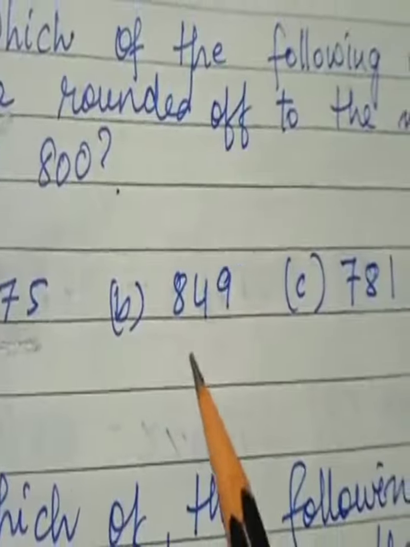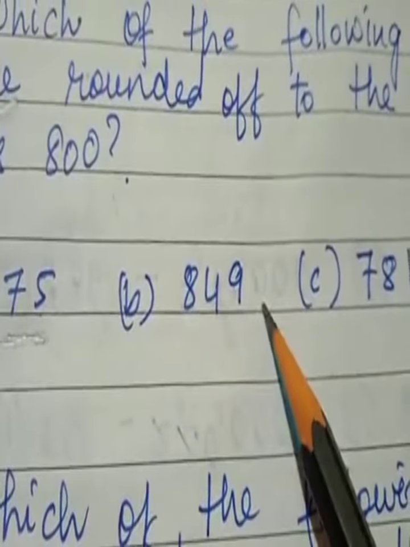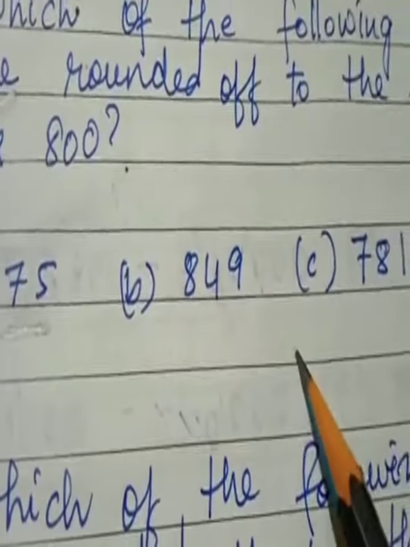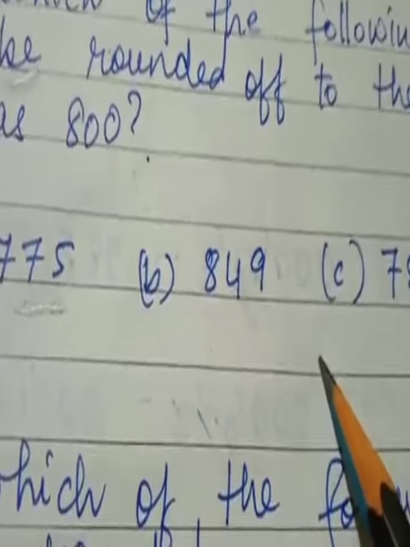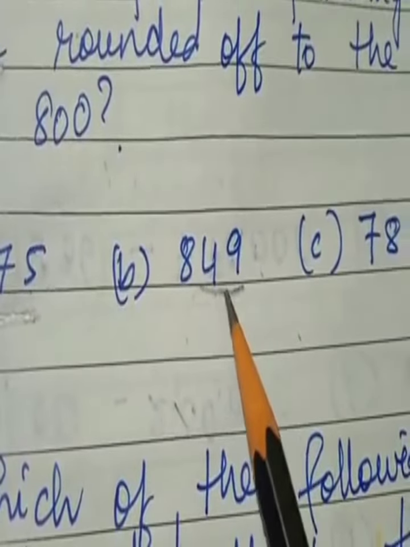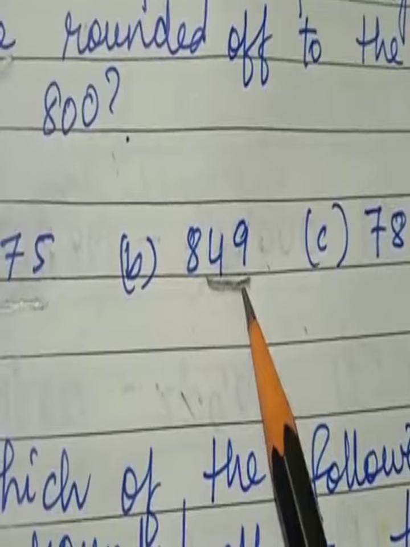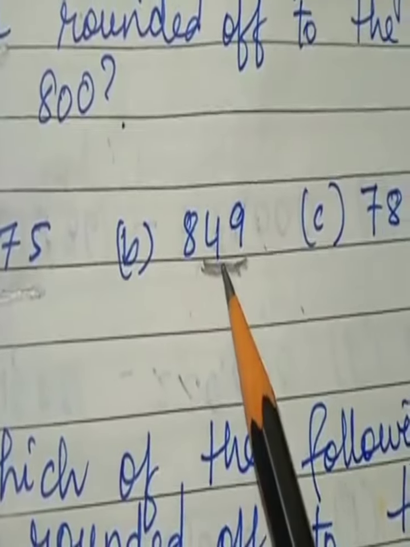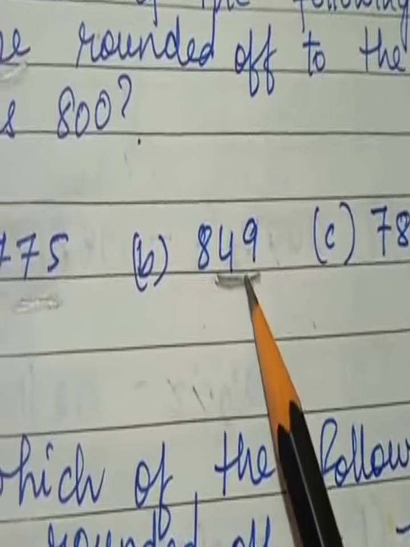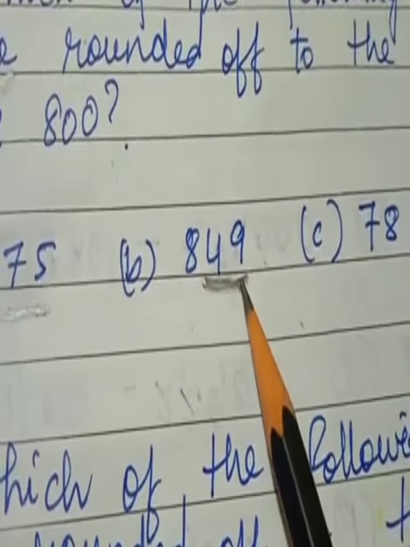Let us look at number B, 849. If I want to round it, either it will remain 800 or it should become 900. Now let us see. What was needed here was 50 or more, then it would round off to the next hundred. But because this is less than 50, even if it is less by only 1, it is still less than 50, isn't it?